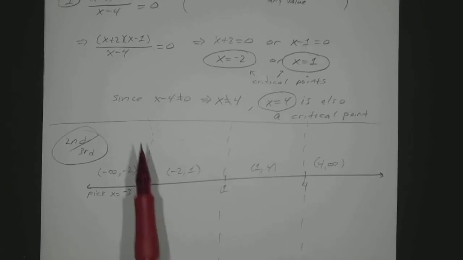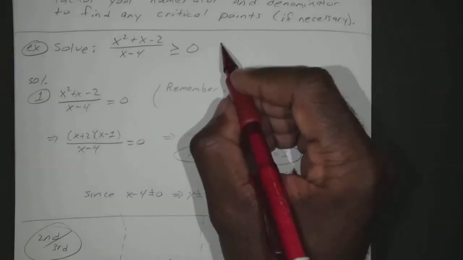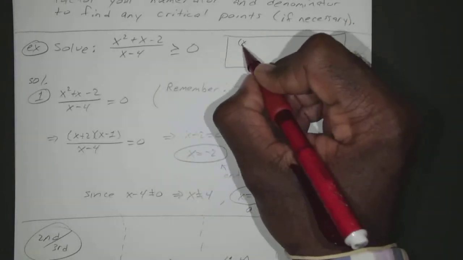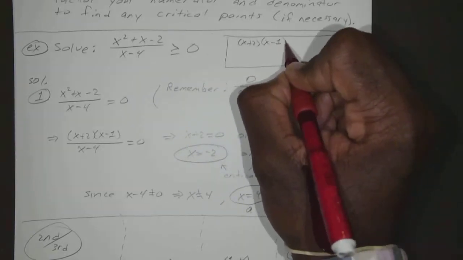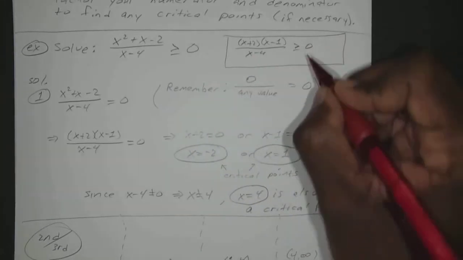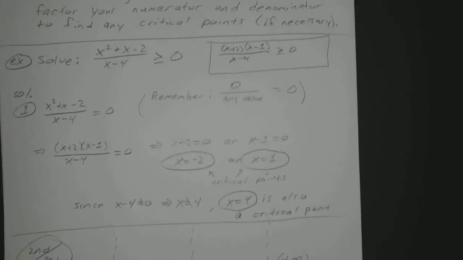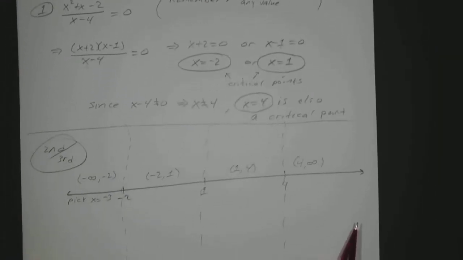Okay, so remember, if you wanted to, you can also use, I'll put it in a little box here, because we factored it, x plus 2 times x minus 1 over x minus 4 is greater than or equal to 0. So you can use that to plug into your test values.